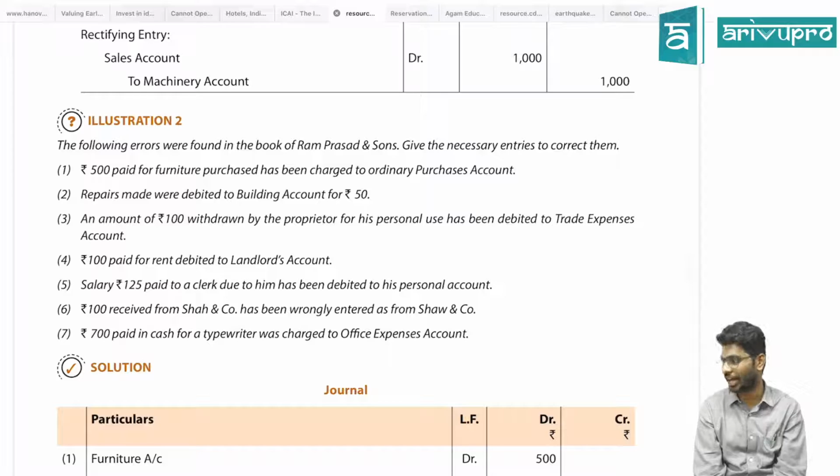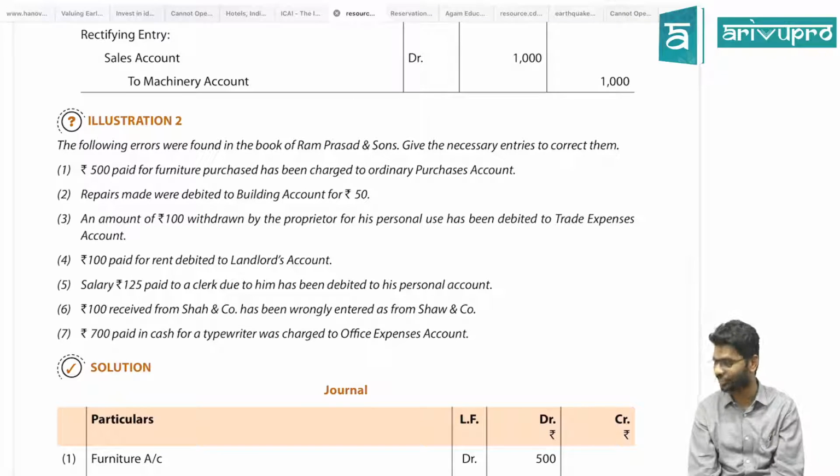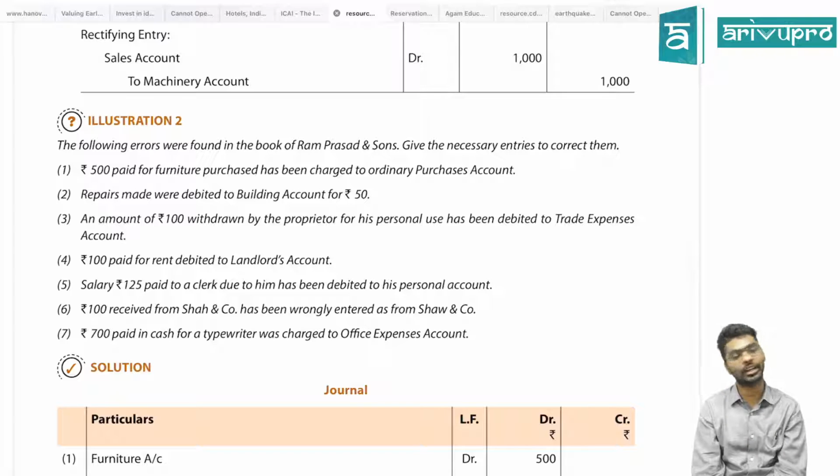Cash to Shaw and Co. Wrong entry? Cash to Shaw and Co. Wrong rectified entry? Shaw to Shah. How many of you got this right? Done. Next one.